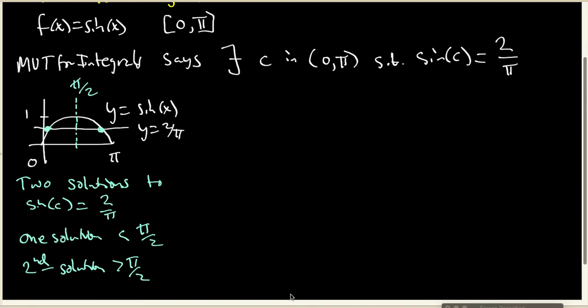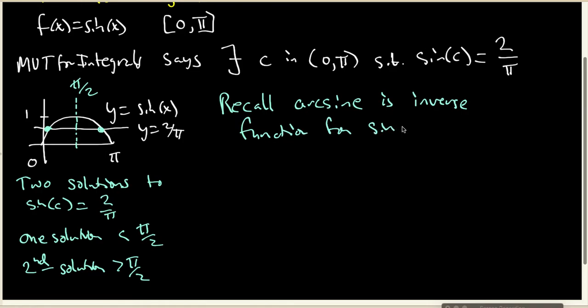Now I also need to recall something that you've seen before, but it's been a while and you may need to review this stuff. There is a function called the arcsine function, and the arcsine function is the inverse function for sine.